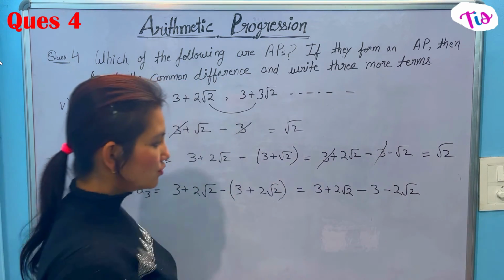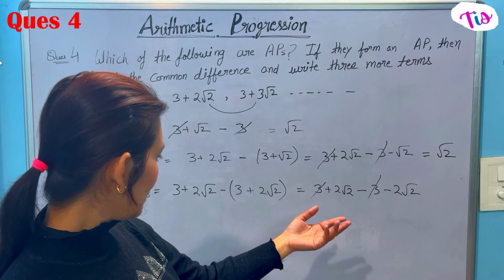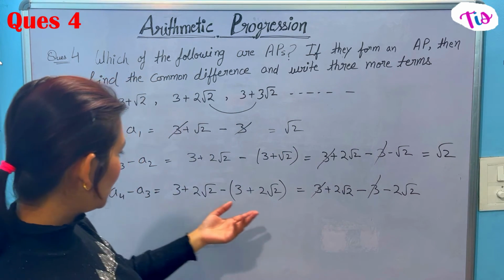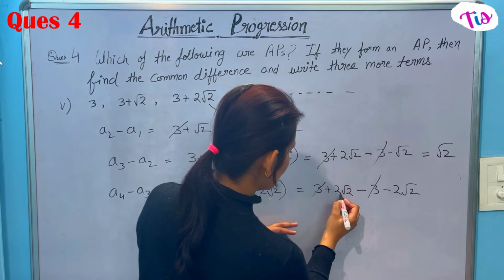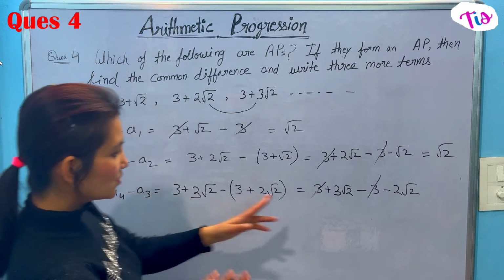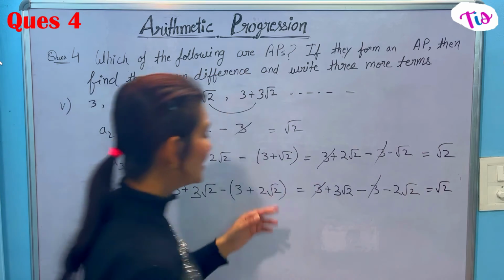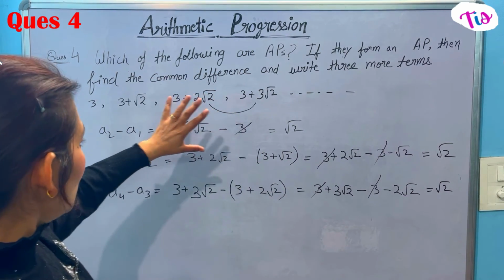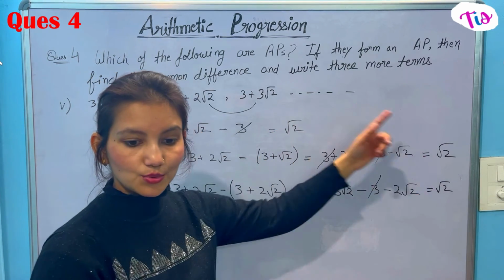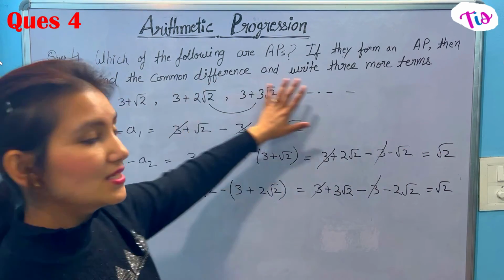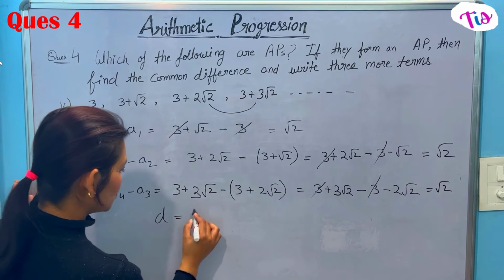Now 3 will get cancelled out by 3, and 3 root 2 minus 2 root 2 is root 2. So we can see that the difference of consecutive terms here is constant, root 2, root 2, root 2. So this sequence surely forms an AP, and the common difference here is root 2.